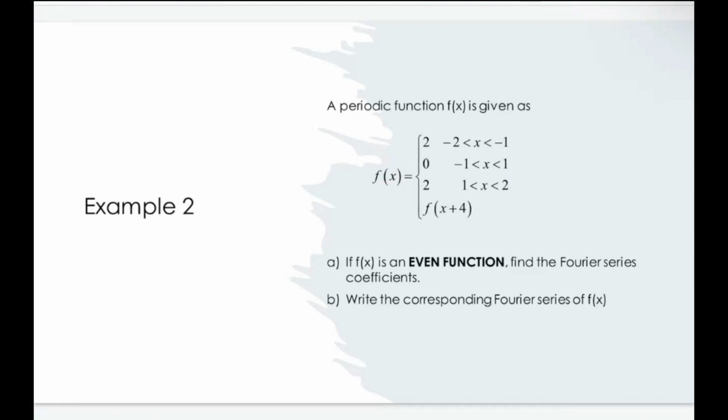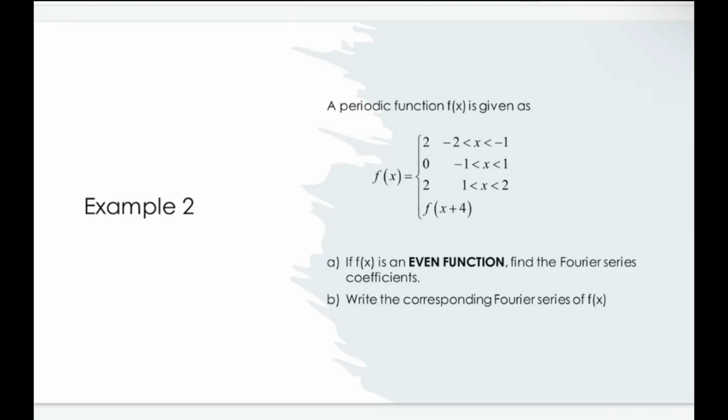So the question is, f(x) is an even function, as it already tells you. Find the Fourier series coefficients, a naught and an. Do you need to sketch the graph?